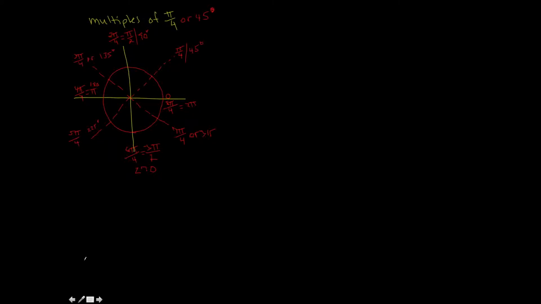Let's look, for the meantime, for the purpose of teaching you this, just at the first quadrant, at pi over 4, or 45 degrees. So, what does that tell me? That tells me that this angle right here is 45 degrees, or pi over 4, however you want to look at it.